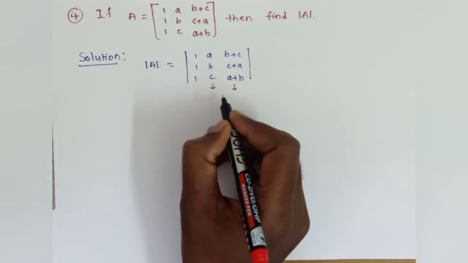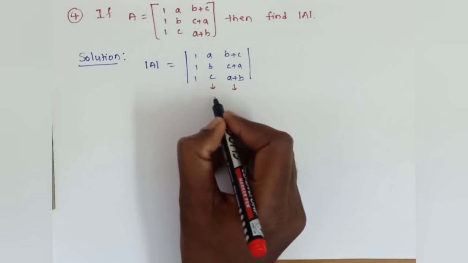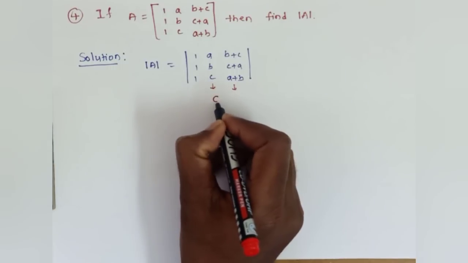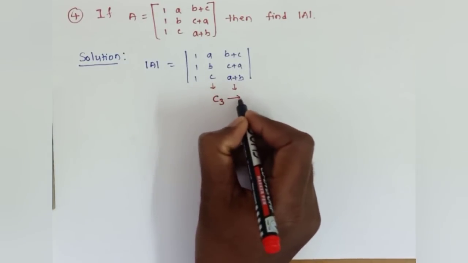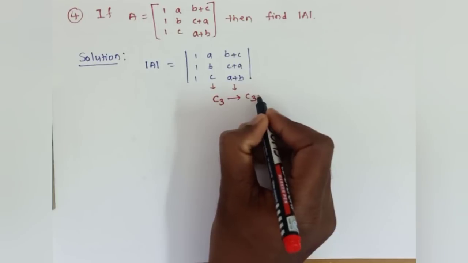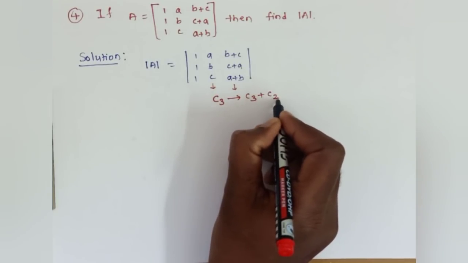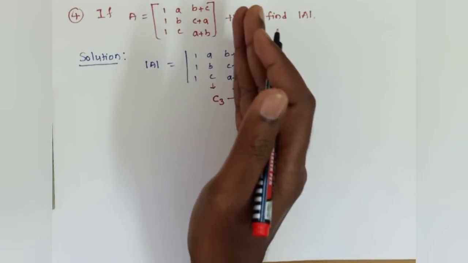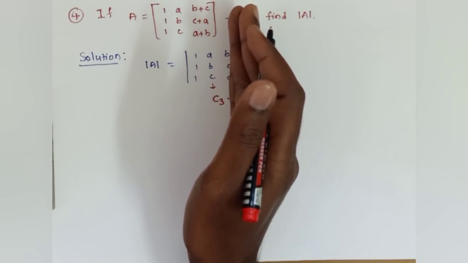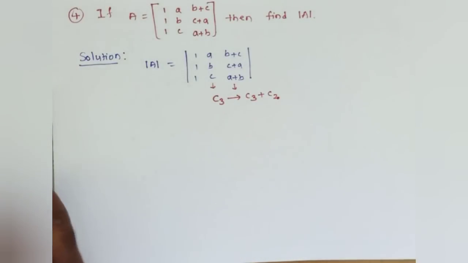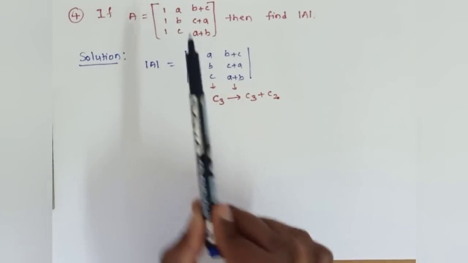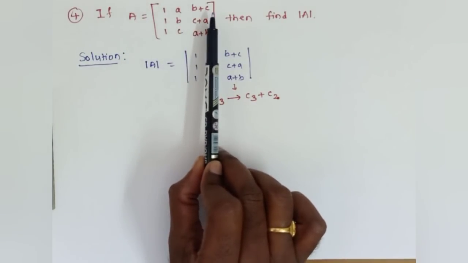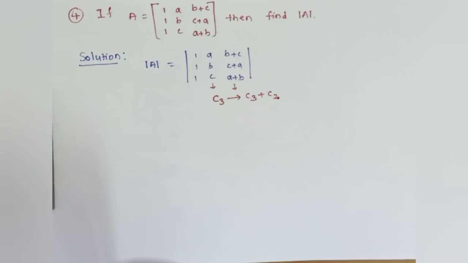Now here I'm applying the column operations. I'm changing column 3 as column 3 plus column 2. I'm adding the corresponding column 3 elements with the corresponding elements of column 2. While doing this operation, there is no change in column 2 and column 1.